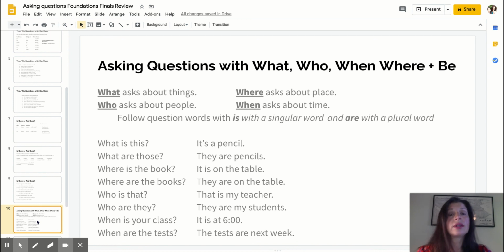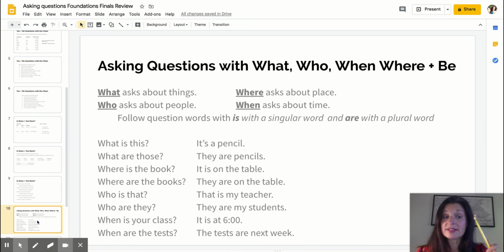Next, we're going to talk about WH questions. Who, what, when, where. What asks about things. Where asks about a place. Who asks about people. When asks about time. You follow the question words with is or are, if it is singular or plural.